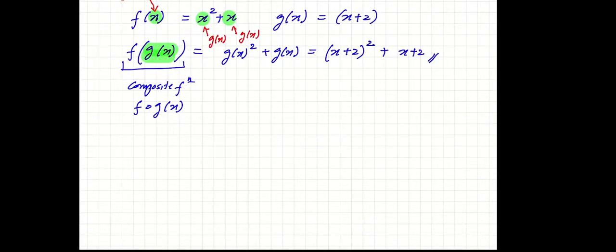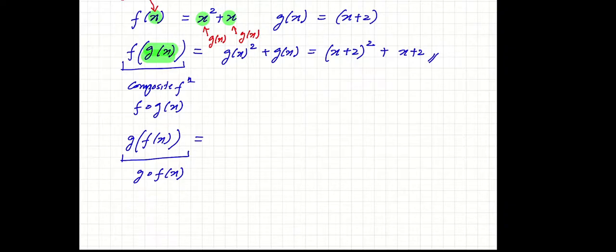Okay, next one. Now think about g of f(x). Is it a composite function? Yes, it is, because you can see that this is a function inside a function. This can be written as g∘f(x).